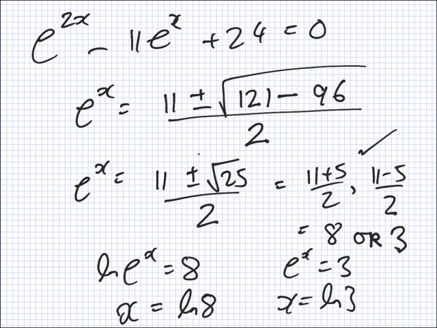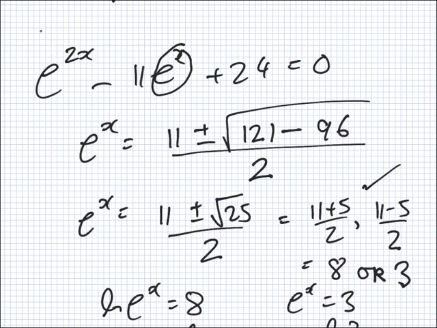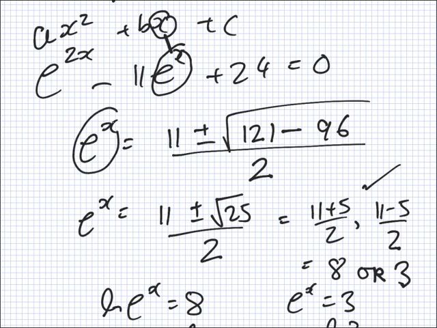I'm using that, except instead of x, the equation is e^x, because you know the quadratic equation looks like ax squared plus bx plus c. So instead of x, it's e^x as the x, and instead of x squared, it's e^x squared.